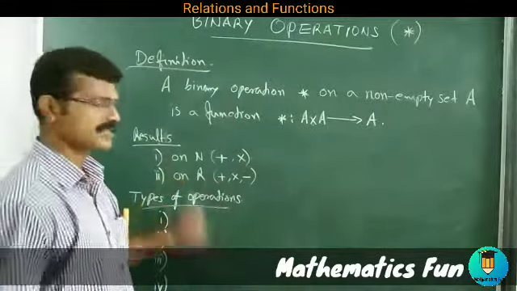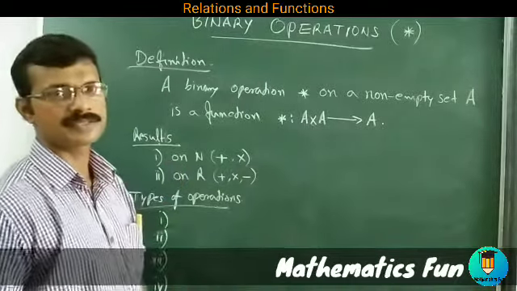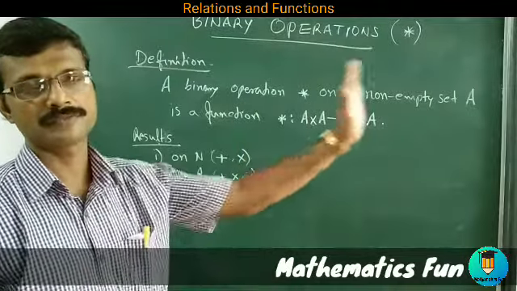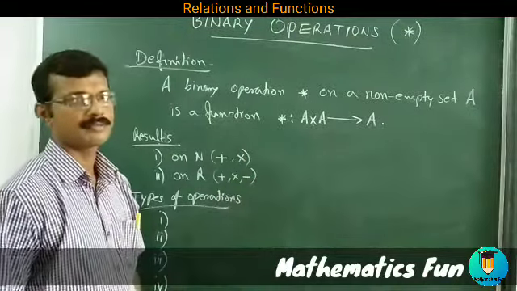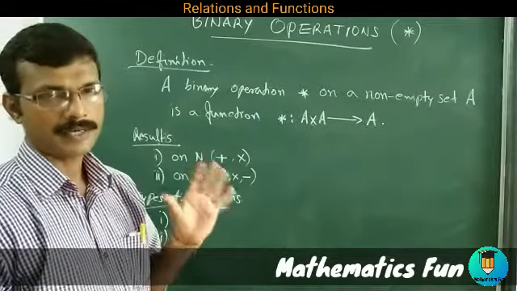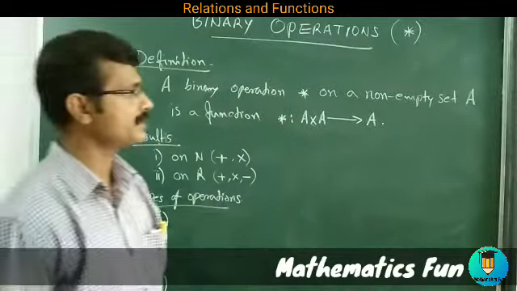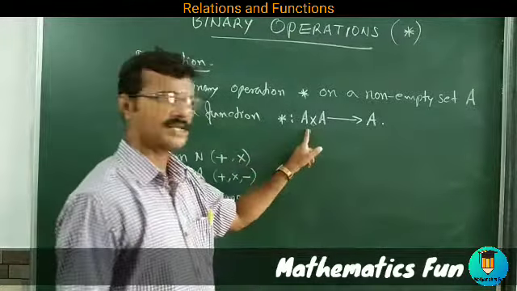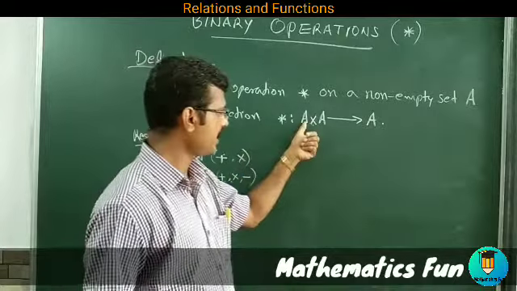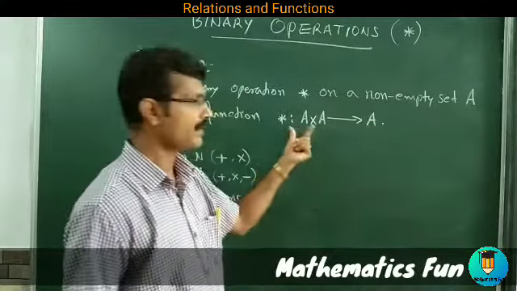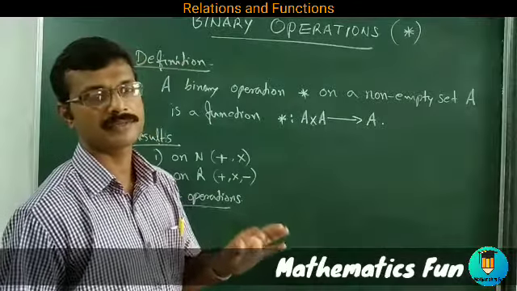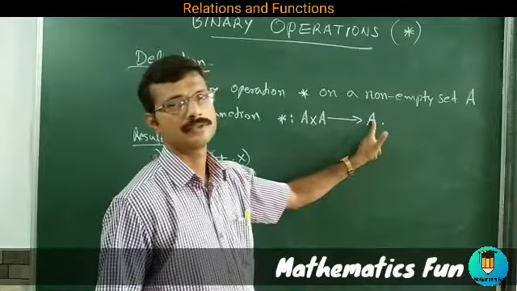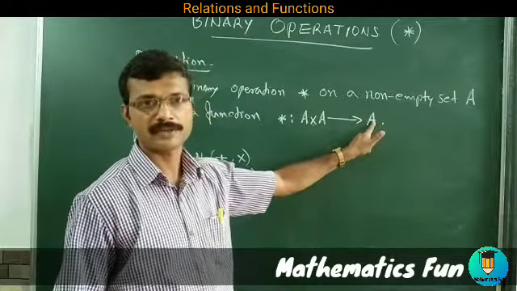Now some results regarding binary operations. In the case of natural numbers, which are 1, 2, 3, 4 and so on, addition and multiplication are binary operations, because the operation is from N cross N to N. If you add any two natural numbers, the result is also a natural number, so addition is a binary operation.